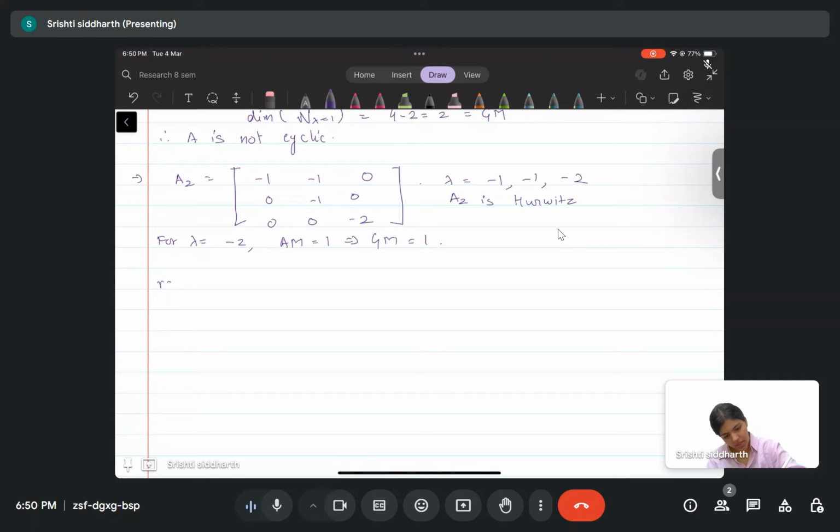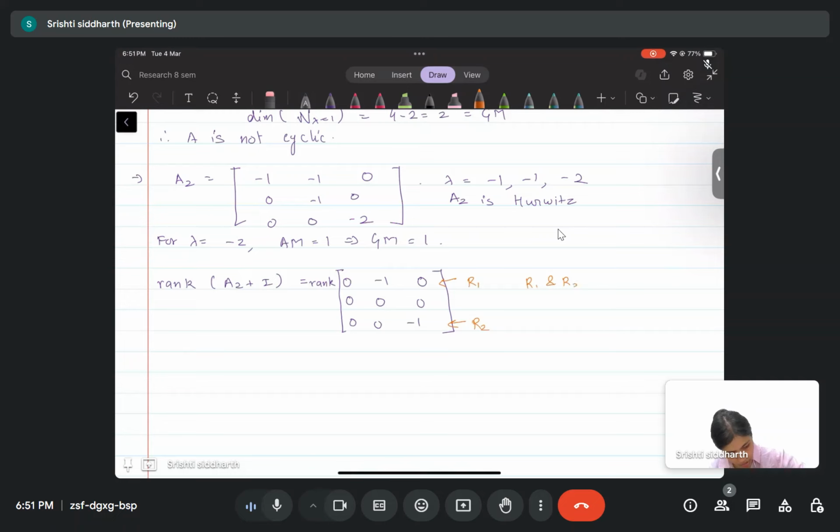So for that, let's first find out the rank of A2 plus I. This corresponds to lambda equals -1. So this is 0, 0, -1, -1, 0, or this matrix. You can easily see that only these two rows are linearly independent.